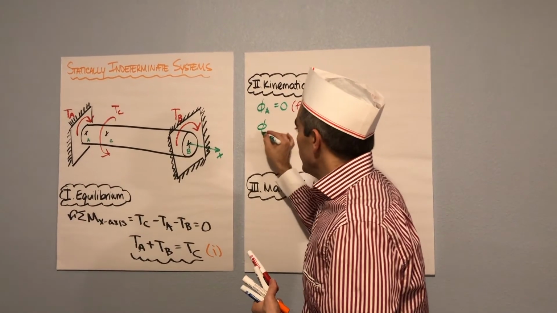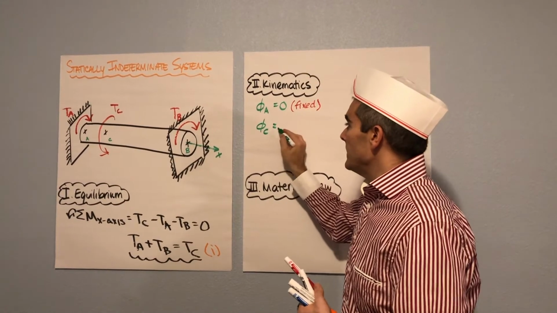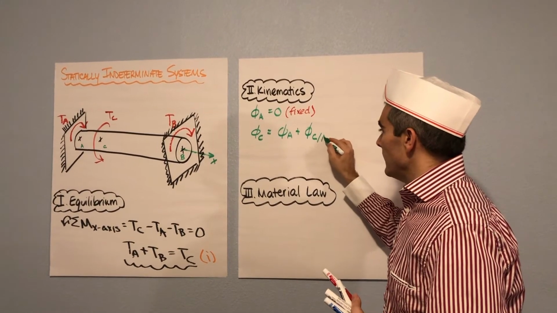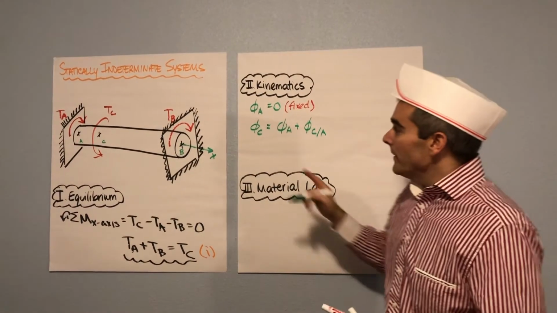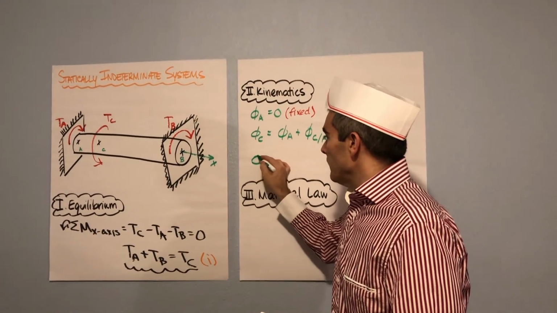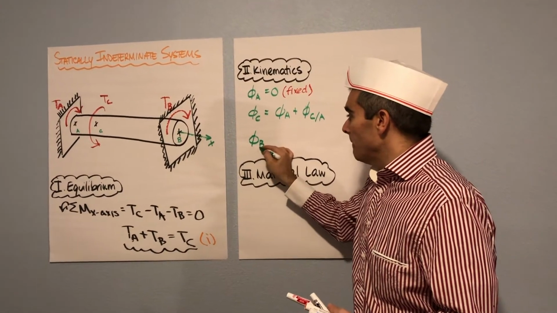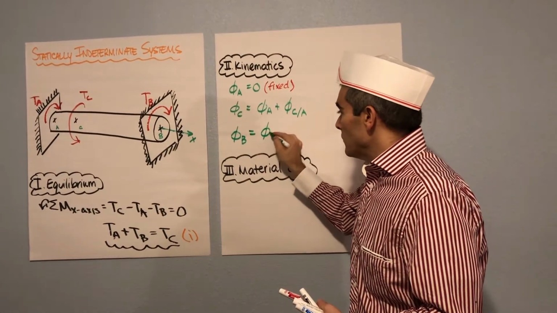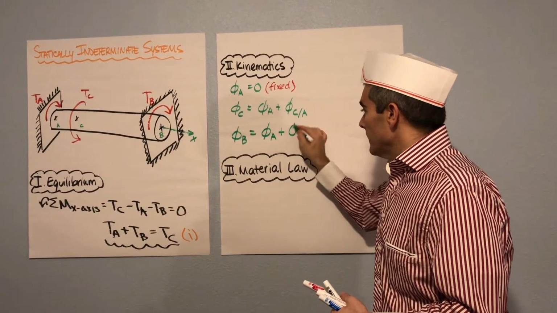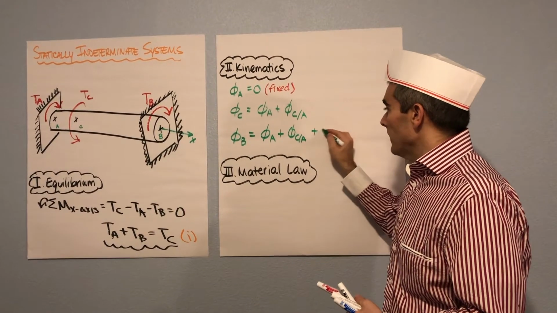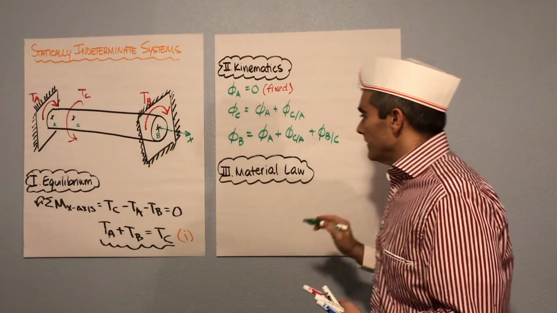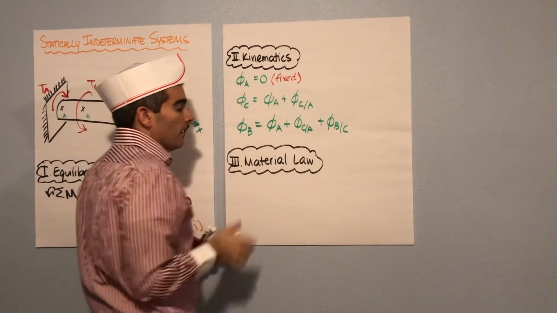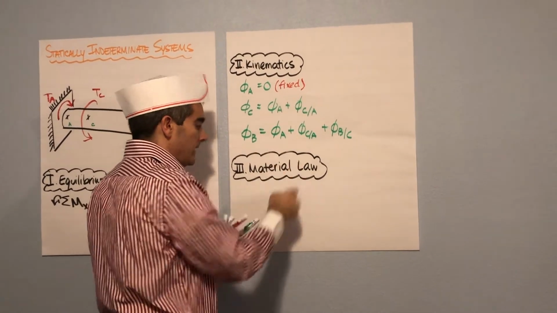The total angle of twist at point C is equal to the twist at A plus the twist of point C relative to point A. And we could take this a step further and look at the angle of twist at B. We could just keep adding them along the length: the twist at A plus the twist of C relative to A, plus the twist of B relative to C.